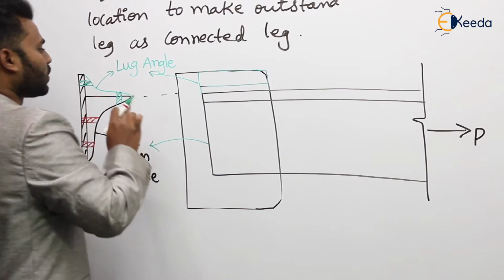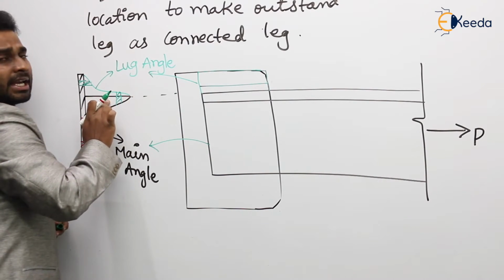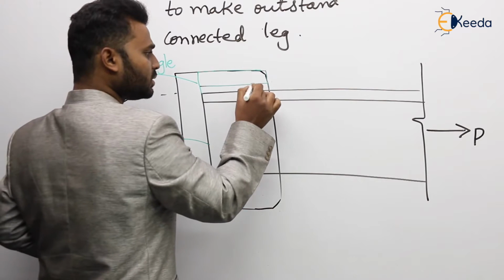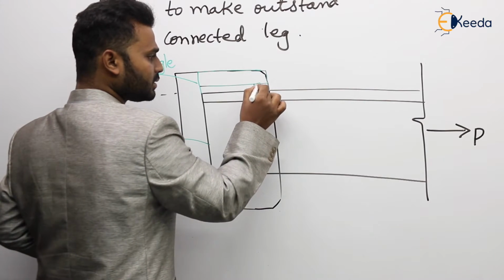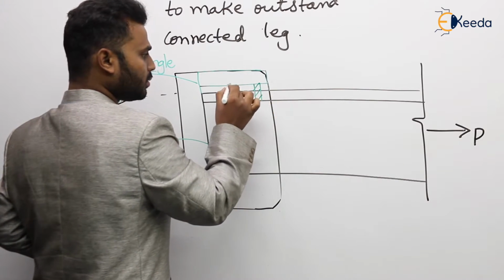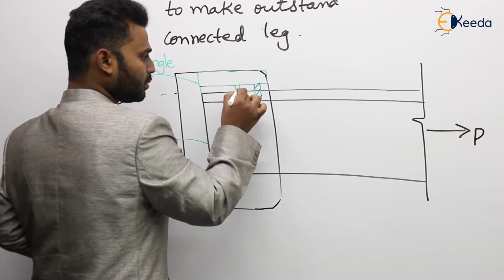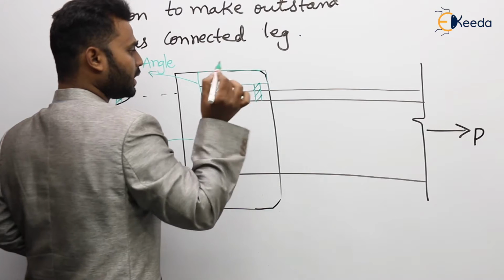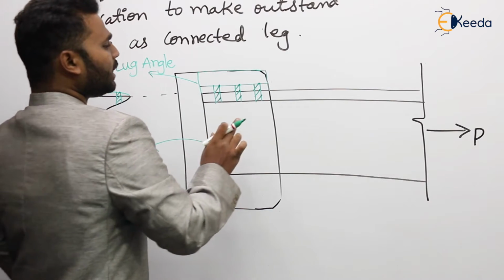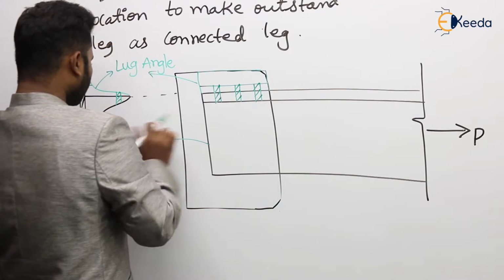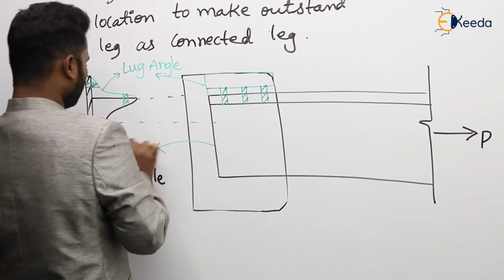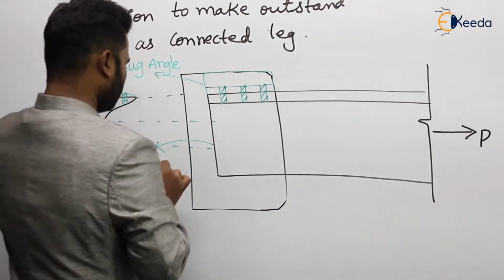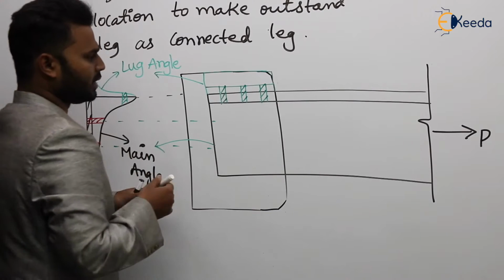Now to connect this lug angle to the main angle, we are going to use the bolts. So obviously the bolts are here like this. Here we have used two lines of bolts. In each line we can assume as many as we wish.